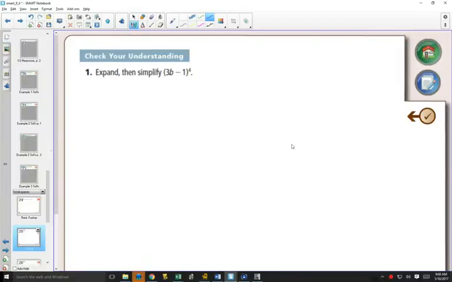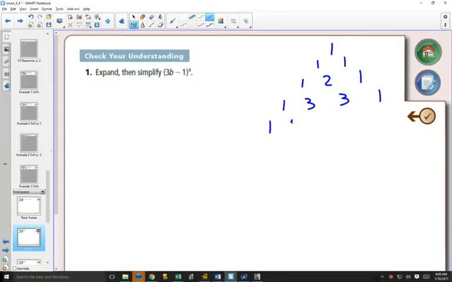So one type of question that you'll get is an expand completely question. An expand completely question like this one, 3b minus 1 to the 4, is one where it is nice to use Pascal's triangle, so you can jot it off to the side.